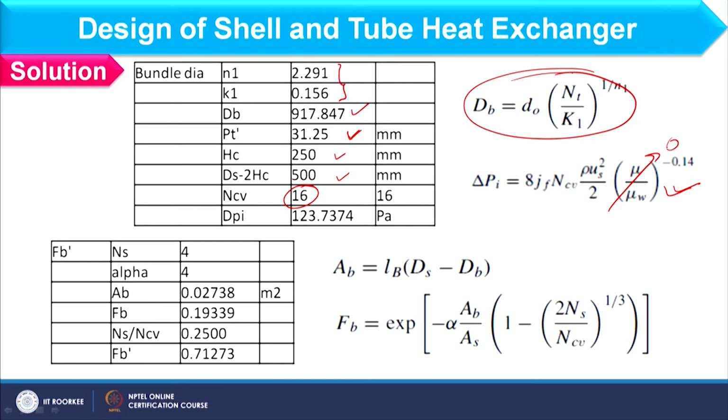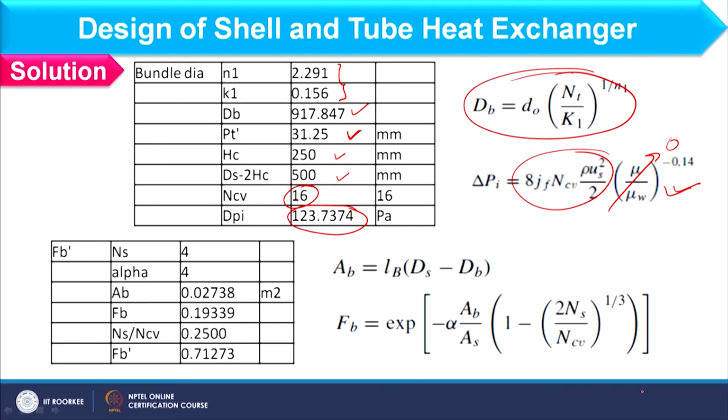So, once you have NCV value, you can find out pressure drop in ideal tube bank using this expression and neglecting viscosity correction factor. So, based on all these values, you can find out pressure drop in ideal tube bank, which is coming out as 123.737 Pascal, right.